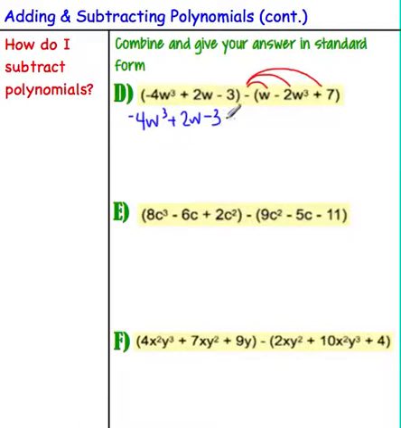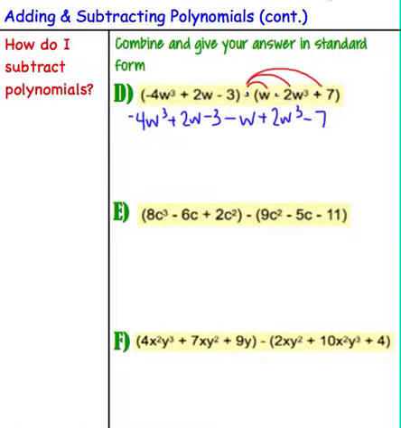Then we say minus w, because this was positive. It basically changes the sign of every term. So we have minus a negative 2w cubed, which minus a negative, remember, is plus. So plus 2w cubed minus a positive 7, which is minus 7.